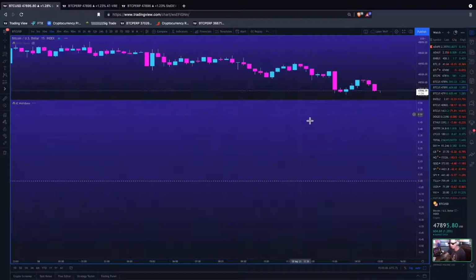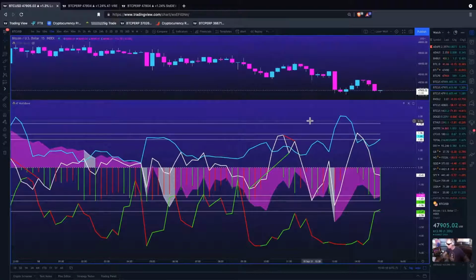Let's see what this looks like on the 15 minute now. Yeah, because right when this 15-minute down move started, you can see variance starts to head down, right?